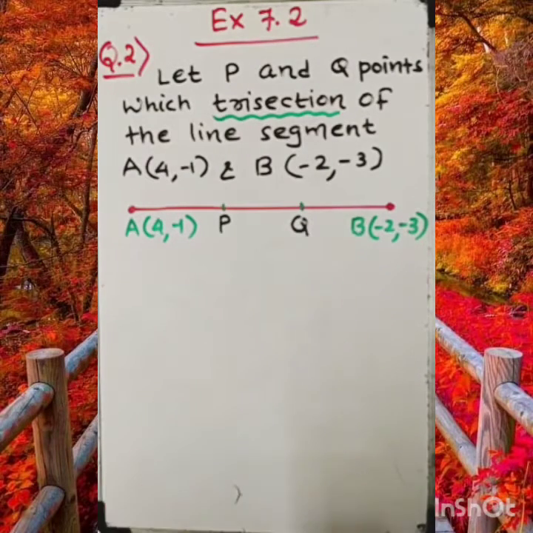But another important thing that is needed is the ratio m1 is to m2, to put the values in the section formula. Here we do not know the ratio.